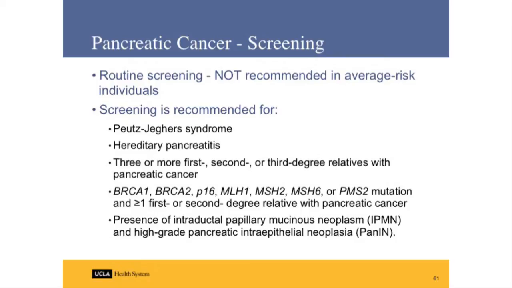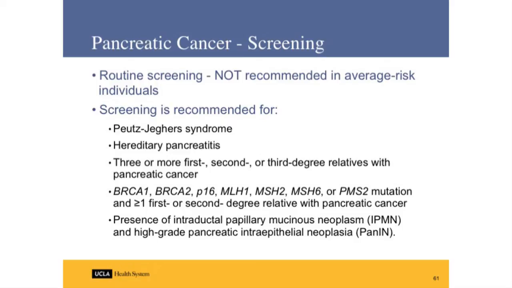Patients with these genes, so the BRCA genes, they should be screened. These 4 genes that are listed are positive in patients who have Lynch syndrome, which predisposes to colon cancer.